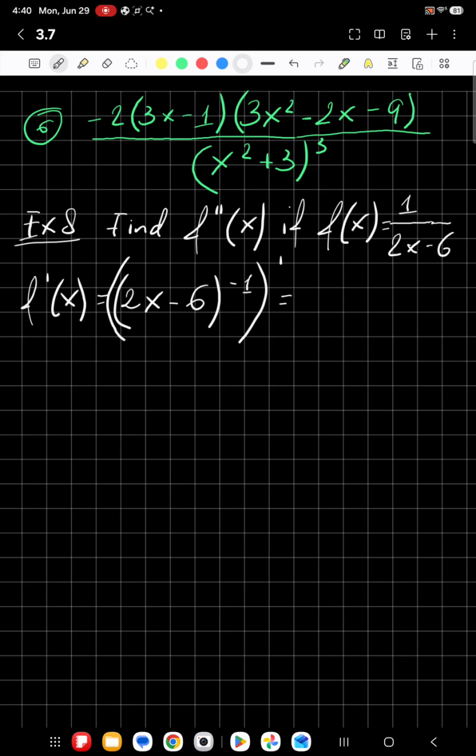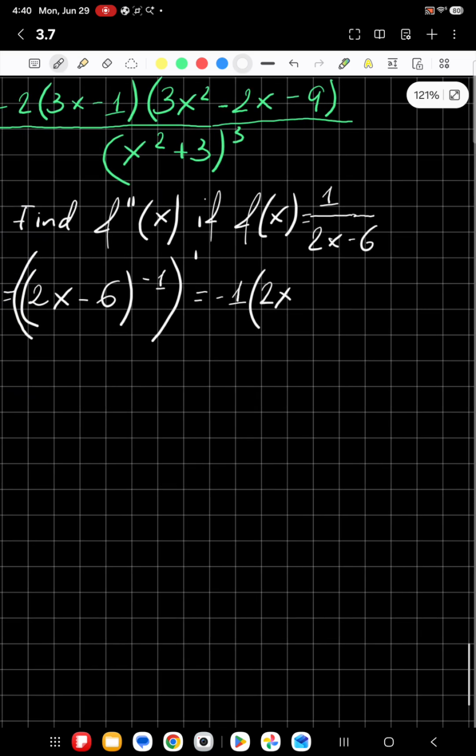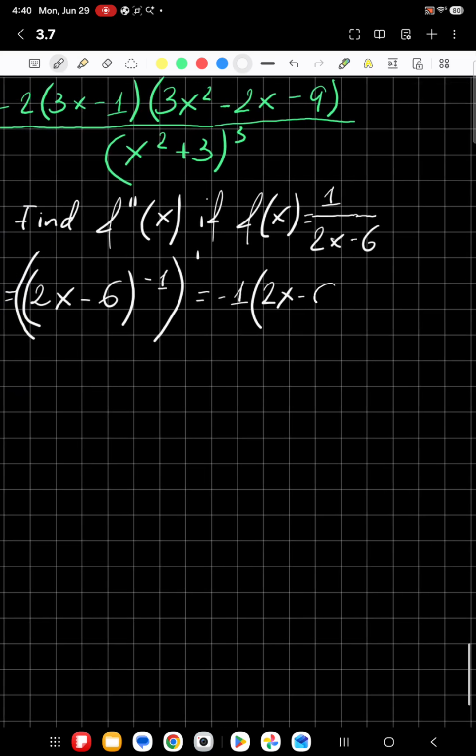Right, so we need to use the chain rule. My outside function is that -1, so that -1 will be in the front, and then I'll write 2x minus 6. Okay, so I subtracted 1 from the -1, so that's going to be -2. And now I need to multiply it by the derivative of the inside, so that's going to be times 2.